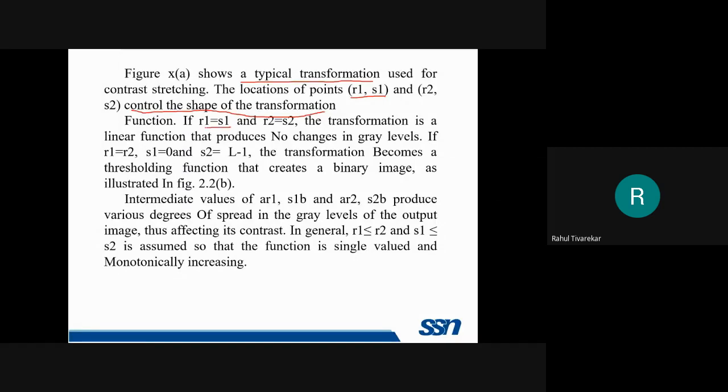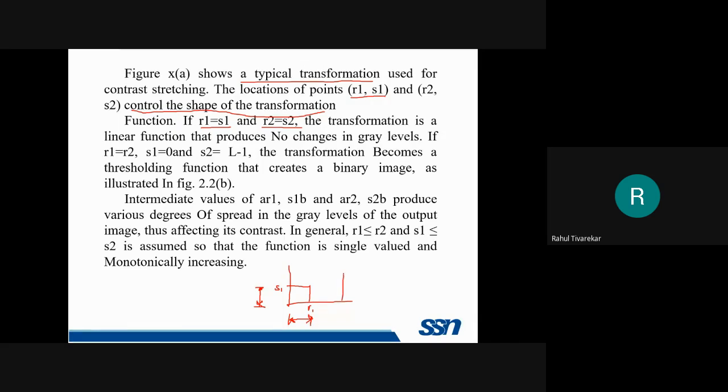Now, if I consider R1 equal to S1 and R2 equal to S2, what does that mean? Suppose this is your graph. R1 equal to S1 means the height from 0 to R1 and the height from 0 to S1 are the same.